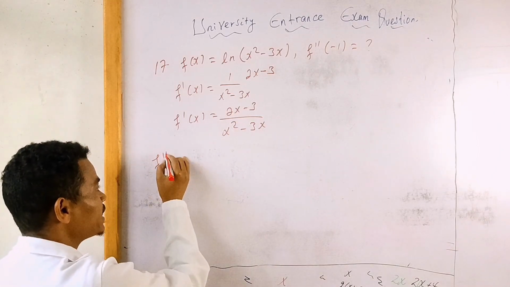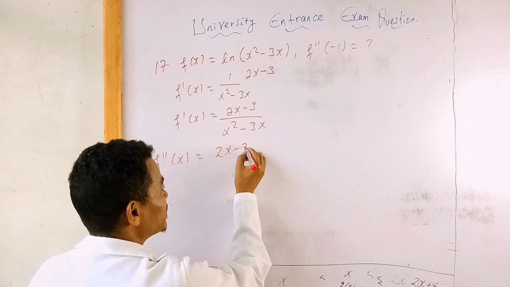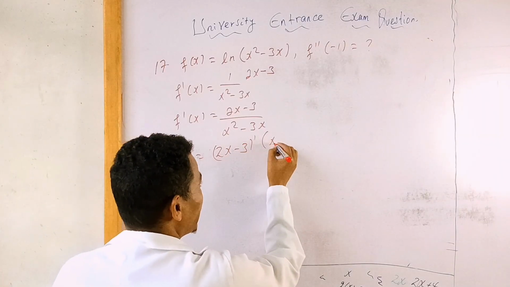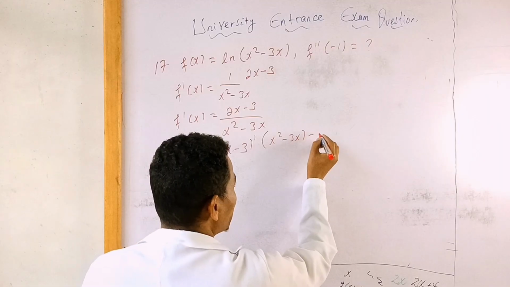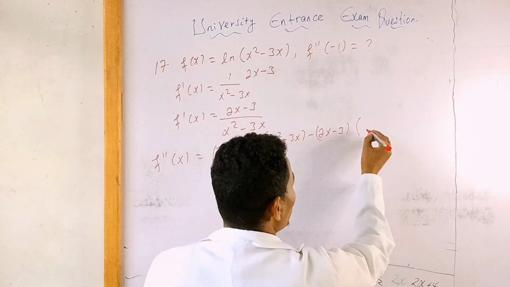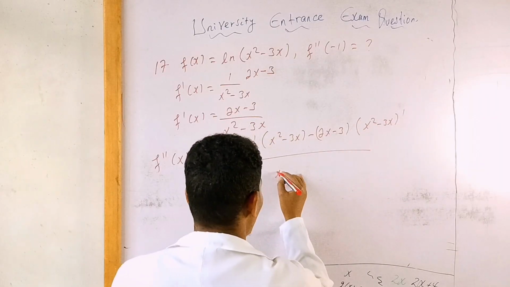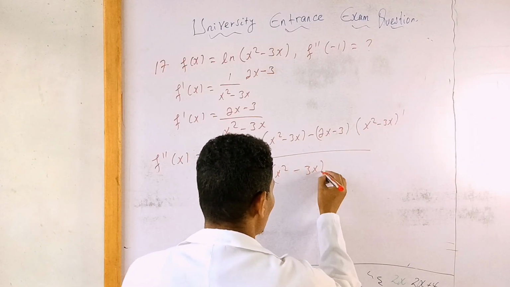f second derivative at x, by the quotient rule: 2x minus 3 derivative times x square minus 3x, minus 2x minus 3 times x square minus 3x derivative, over x square minus 3x the whole square.